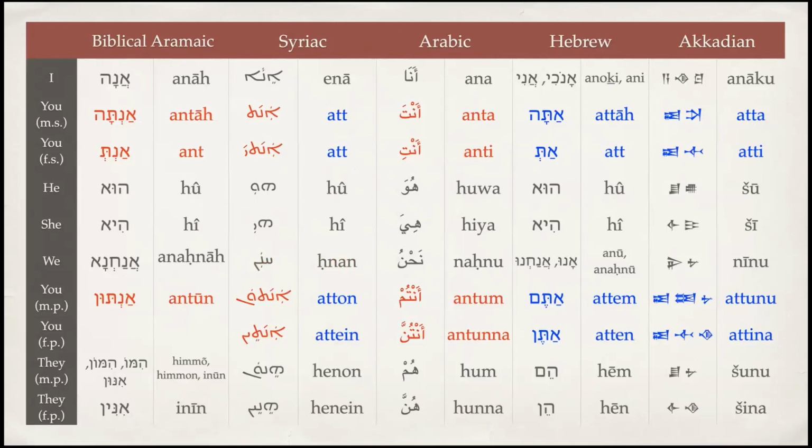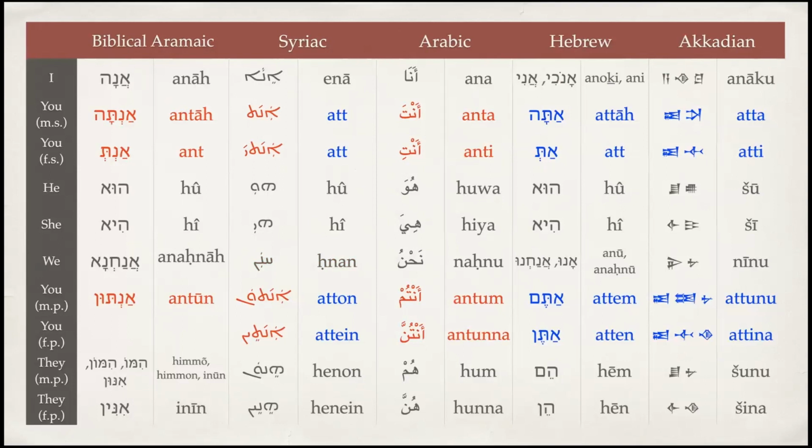You have antun and antum or antuna. So now you may notice there's a blank spot in Biblical Aramaic for the second feminine plural that's there in the rest. That's just because it's not attested in the Aramaic of the Bible. That means the book of Daniel and Ezra, basically. So it's blank, but it's probably something like antein.